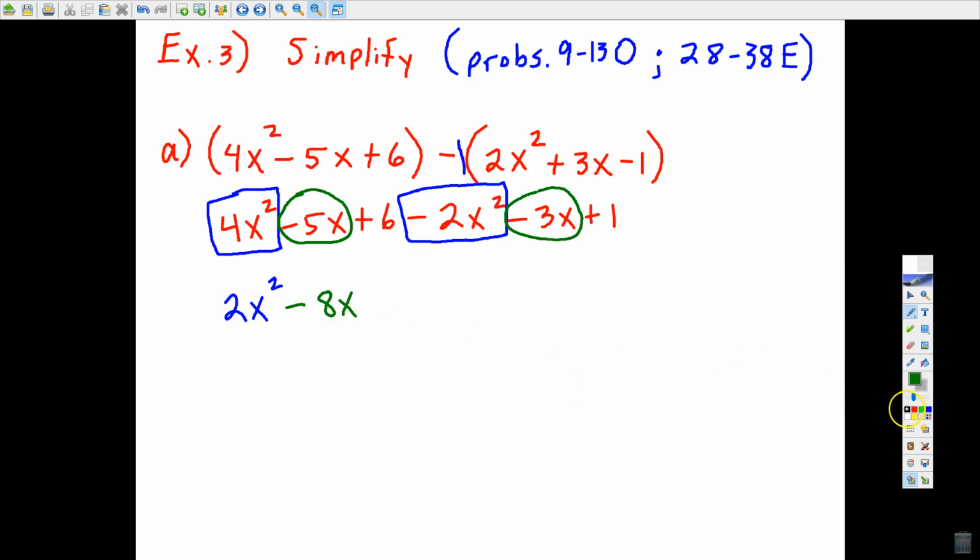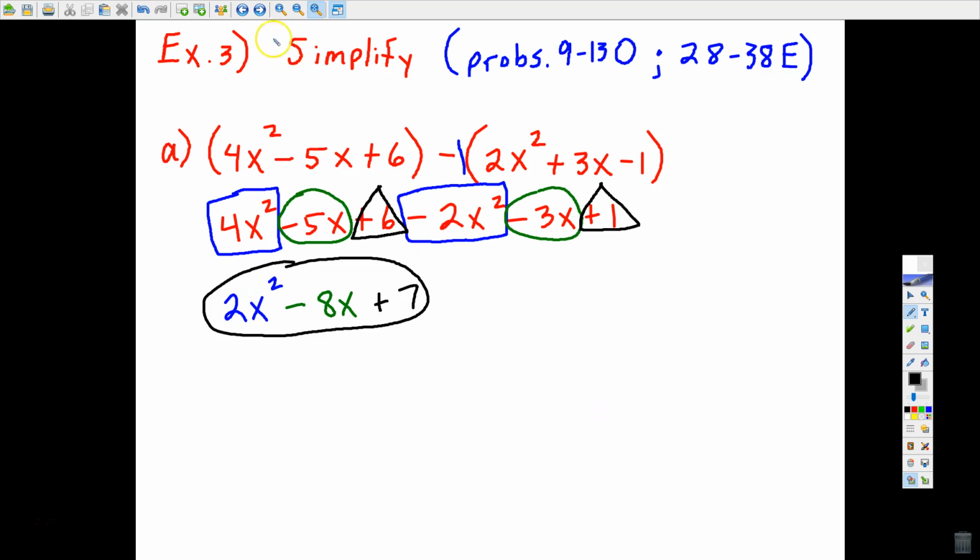And then finally, we'll put a little triangle in black around the other like terms. Those are constants. So we're going to do 6 plus 1, and we get 7. And that's it. That is my final answer.